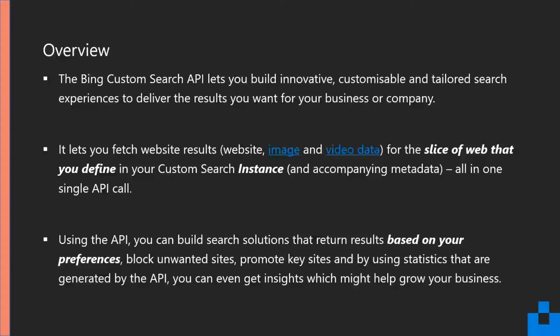So rather than the web search API, which calls into Bing and grabs you loads of data from the web, with custom search you effectively build out your own search engine that can return web, image, or video data. The key thing about this API or service is that you've got total control over the data that search returns and the data that's available.